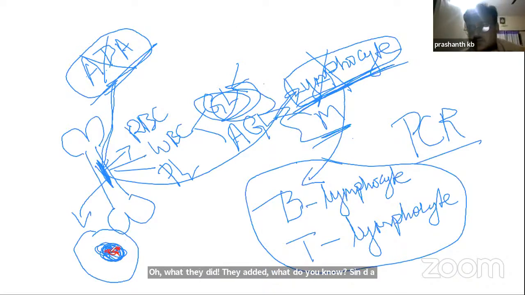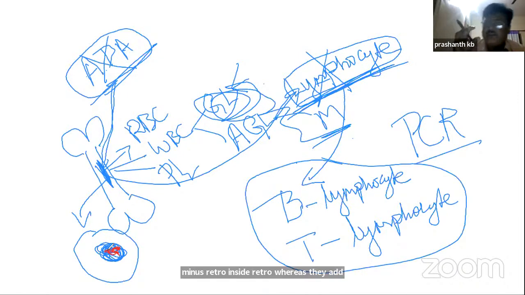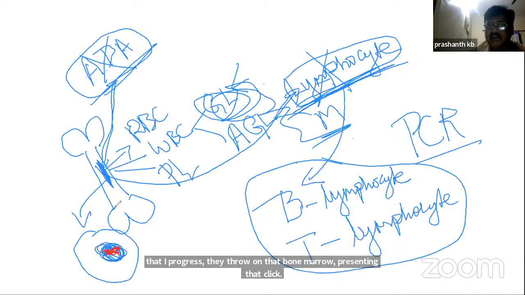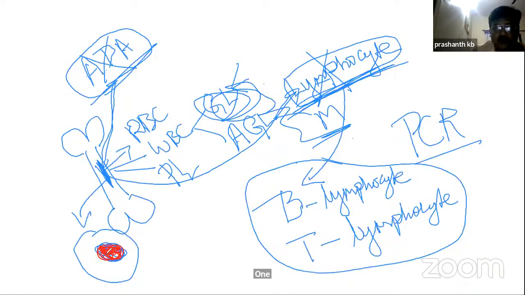They cannot throw it directly, so they used a retrovirus. Inside the retrovirus, they added ADA DNA. That retrovirus they threw on the bone marrow present in the petri plate. So what happened? This ADA started entering into the bone marrow.